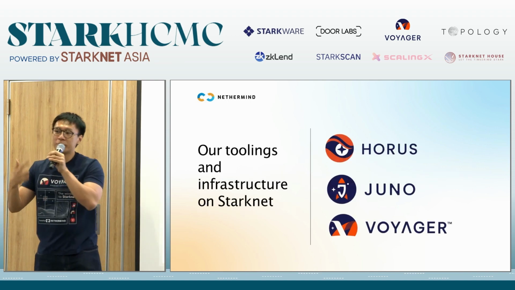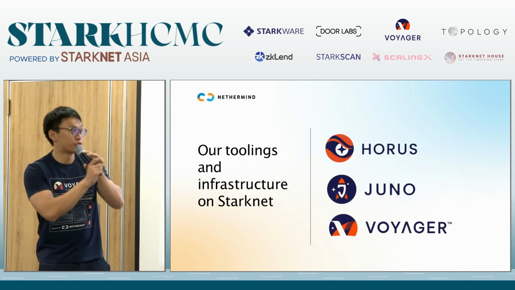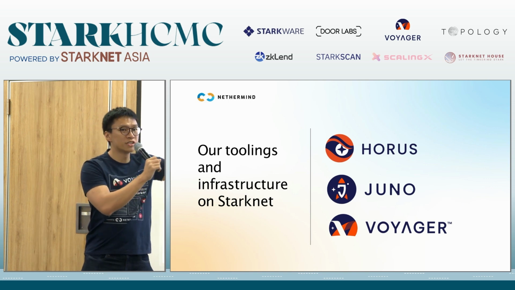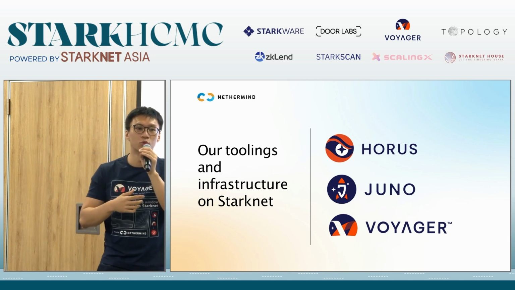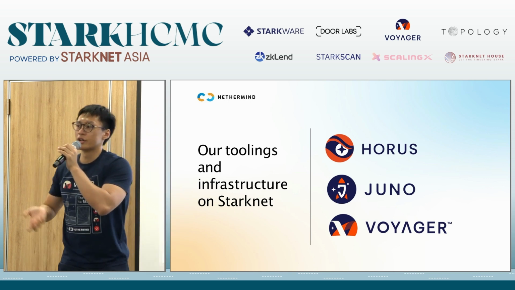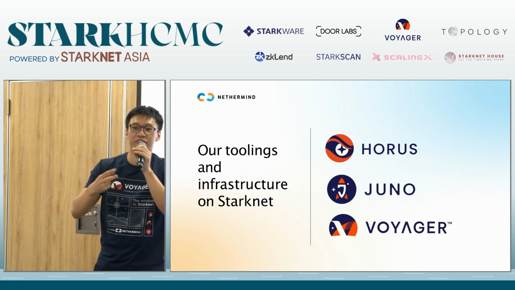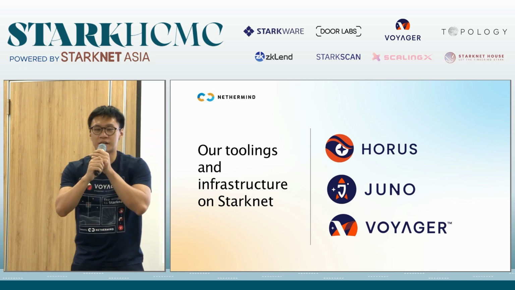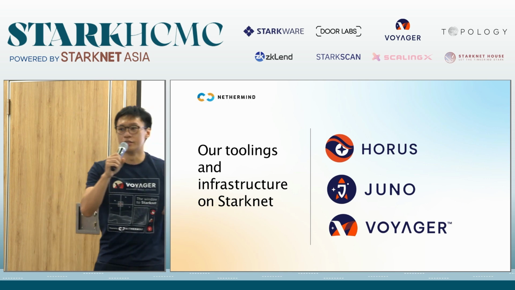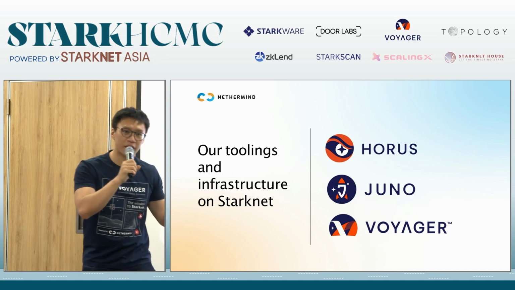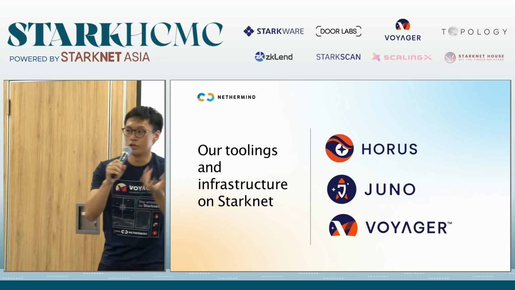And what we build on Starknet, however, are these three main things. Horus, it's a formal verification tool on Cairo. So for those who like to secure their contract using math and formal verification techniques, Horus is something that you definitely have to check out. Juno, it's a client node built for Starknet. So what is a client node, you may ask?